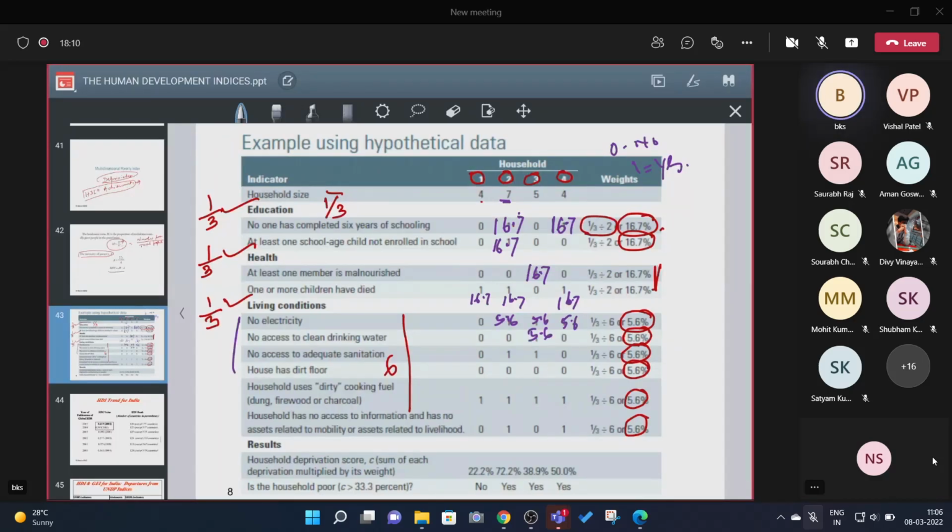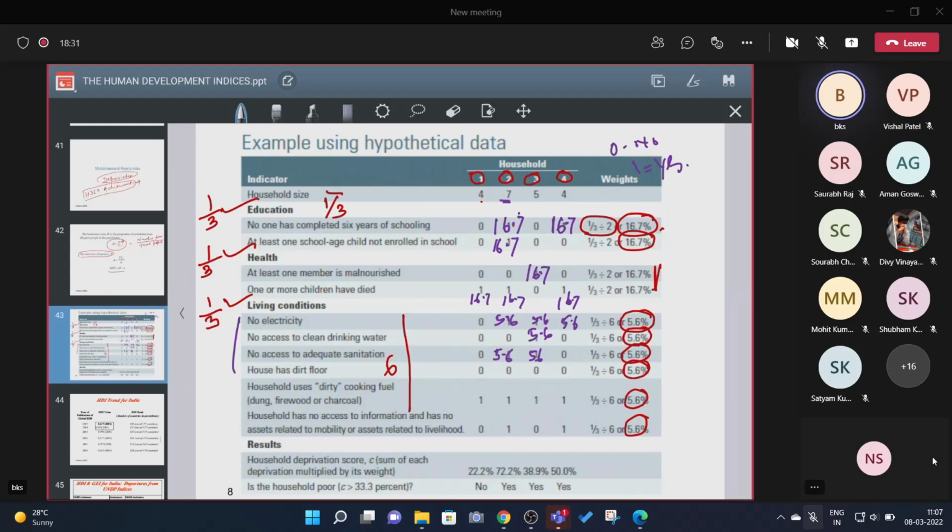Similarly, in case of no access to adequate sanitation, household 2 gets 5.6, household 3 gets 5.6.